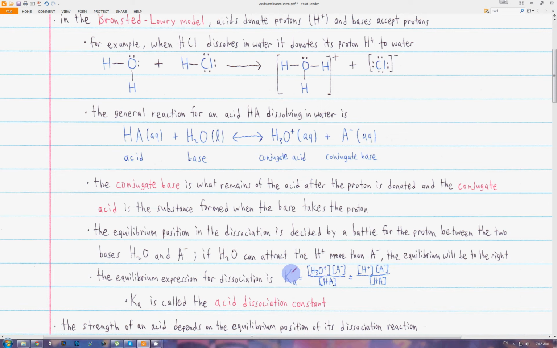It's not any different from the regular K. So the equilibrium expression, since we exclude water, since it's a pure liquid, is the concentration of hydronium and the concentration of the conjugate base on top, and then the concentration of the original acid on the bottom. And most times, instead of writing hydronium, we just write H plus, the proton. And this Ka is called the acid dissociation constant.